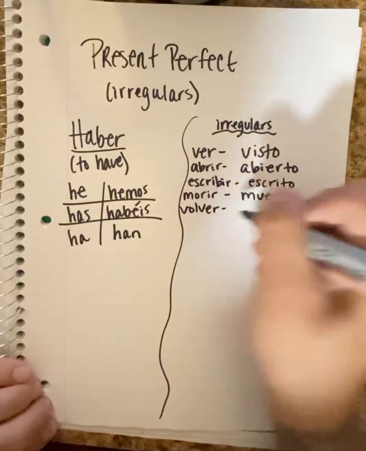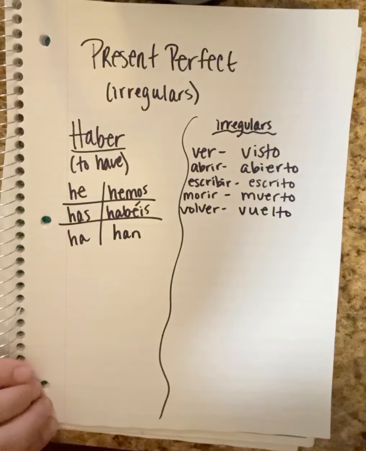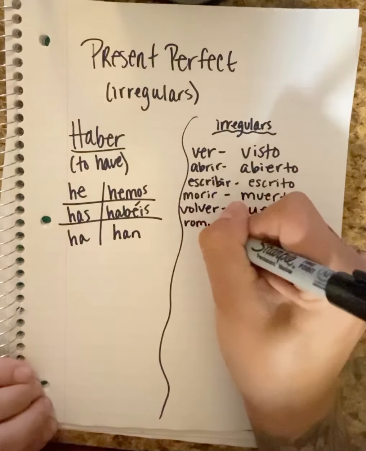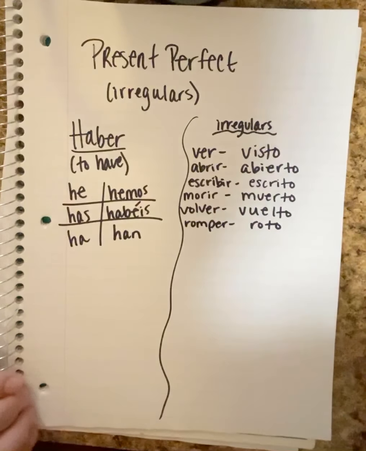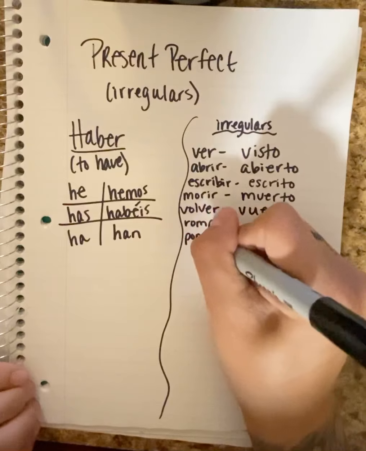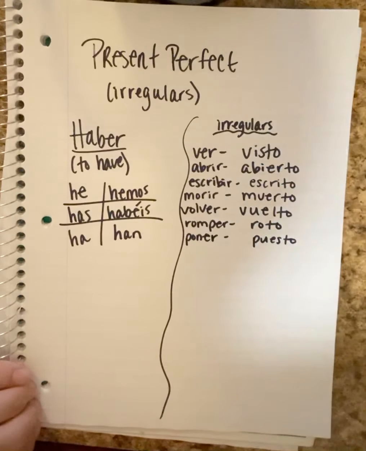The verb volver, to return, goes to vuelto. The verb romper, meaning to break, goes to roto. And of course, poner, to put, place, or set, goes to puesto.